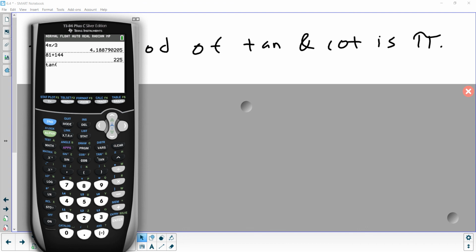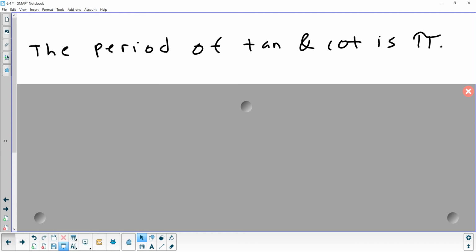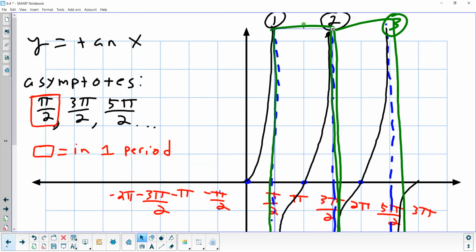Let's take the tangent of, just pick a number, 3. That's what I get. Now, if I take the tangent of 3 and I add 1 cycle length, let's just pretend 3 is right up here.